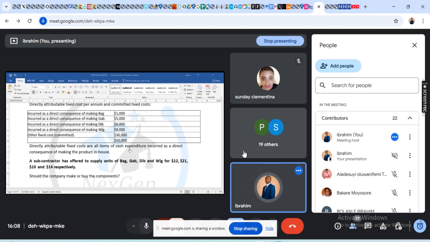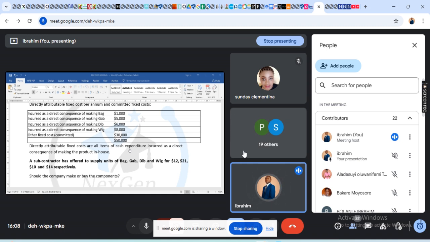The supplier has already added his markup, right? Including his profit and the cost. The cost incurred will be the cost attributable to the production of that product.